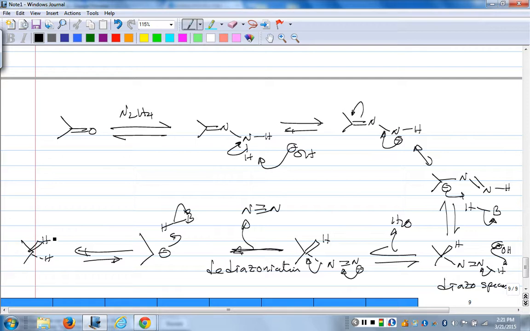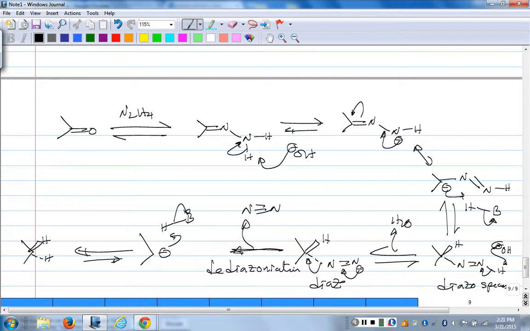So that's the mechanism of my Wolff-Kishner reduction. So I stipulate the formation of the hydrazone, and then the base comes in, pulls off the proton, the conjugate base picks up a proton from the medium, and that generates the diazo entity, which is also acidic. It reacts with the base under prevailing conditions, generates the diazenide.